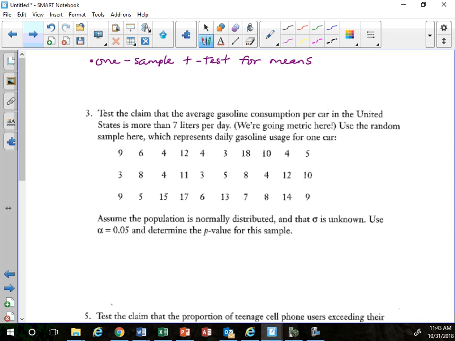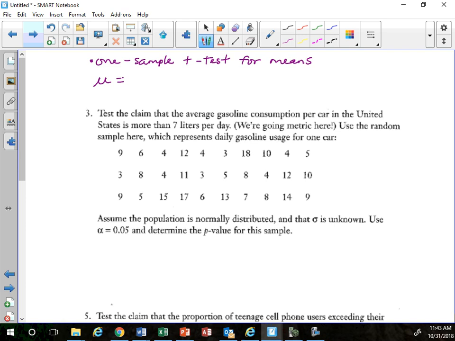So what is our mu? What do you think we're looking at? What'd you say? Okay, with words, what is mu? But what is that measure?